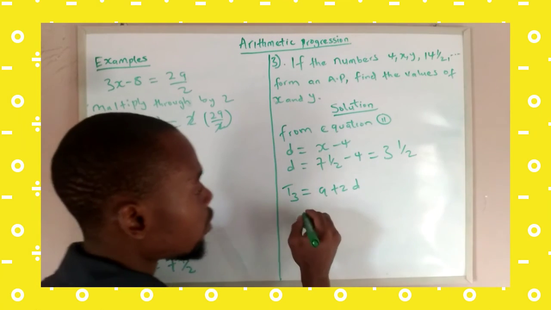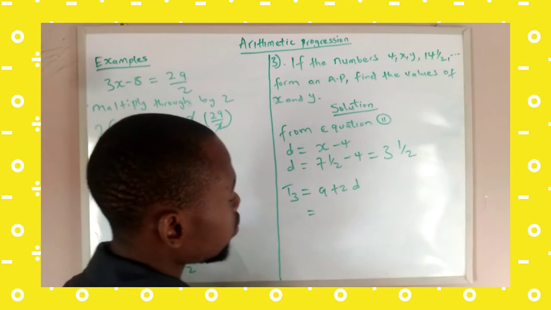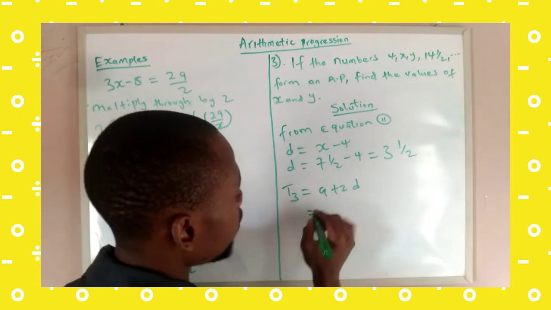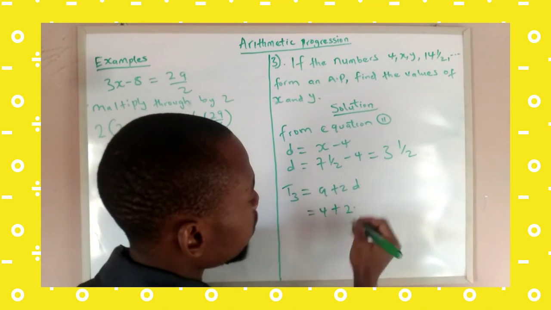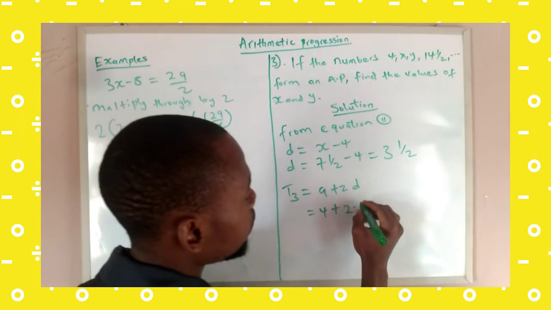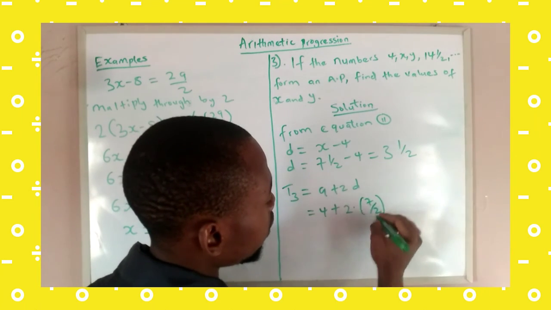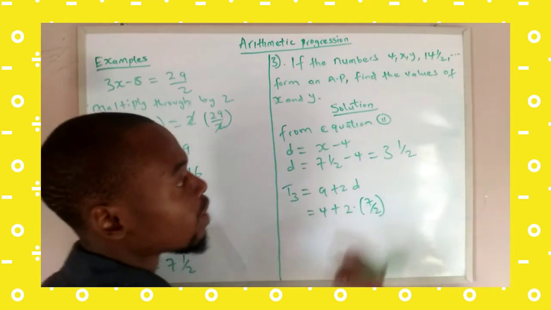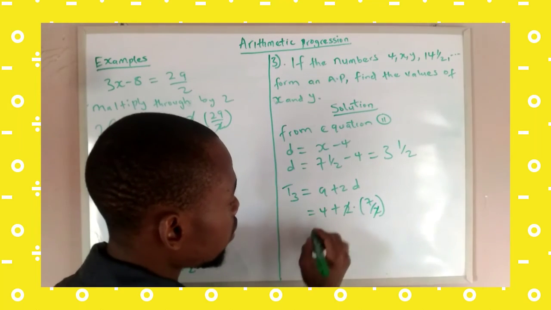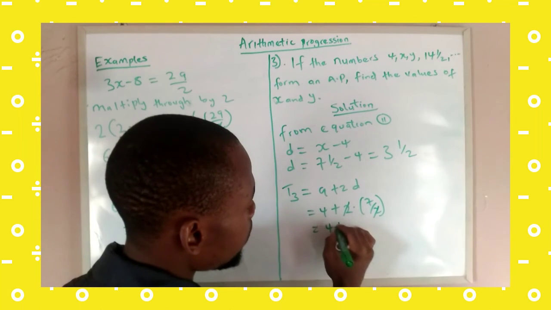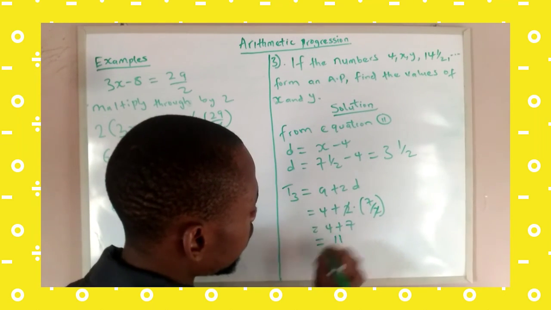So it's easy for us to get the value of our third term, and that will be equal to our A here is 4 plus 2 multiplied by our D. I will prefer using 7 over 2 here. It's still the same thing as 3 whole number 1 over 2. So the 2 here cancels these 2, and we have 4 plus 7 left. And 4 plus 7 will give us 11.